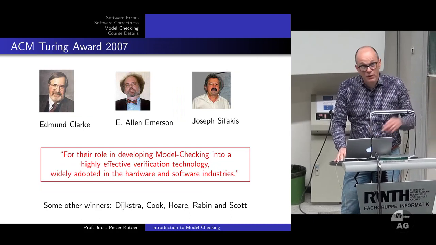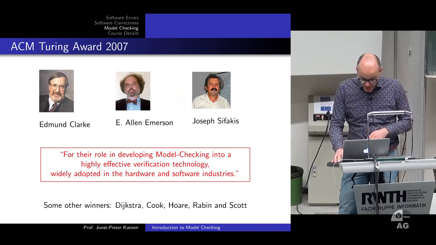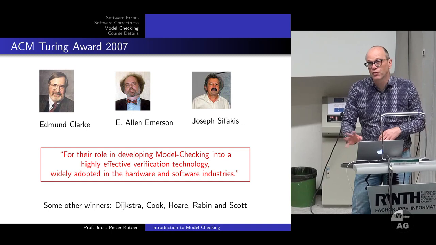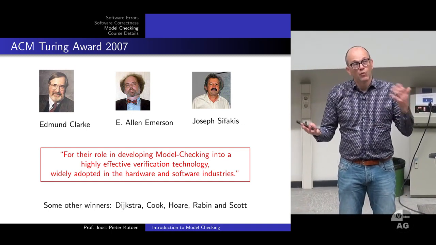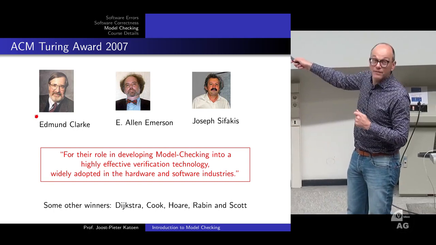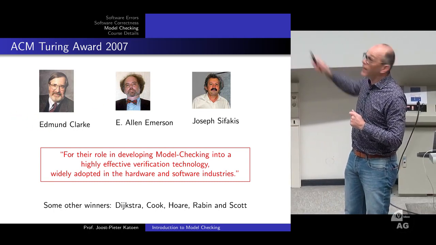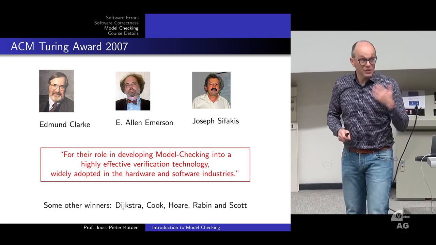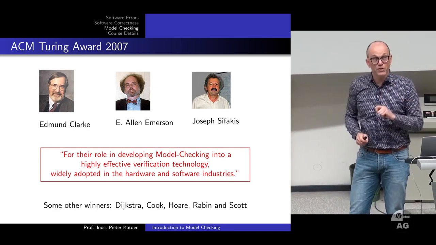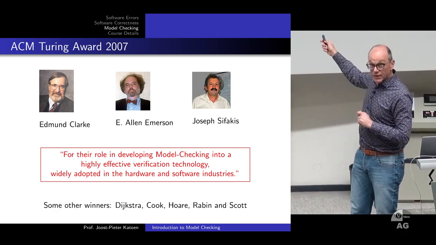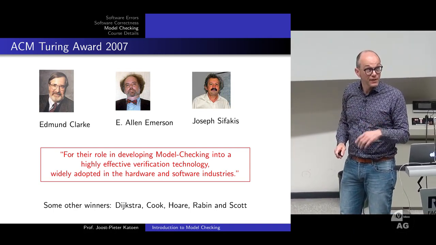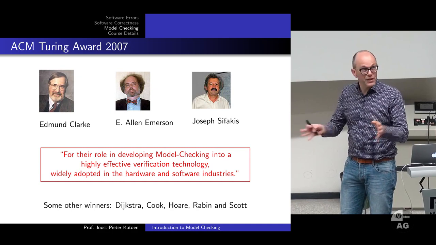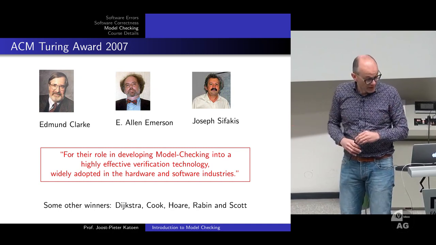Good, and the last thing, which I already mentioned, was the Turing Award. Clarke, Emerson, and Sifakis, and this is a bit of a story. In 1981, there were two papers. One paper was written by Clarke and, in those days, his PhD student, Allen Emerson. And there was another paper written by two French people, Joseph Sifakis, Grenoble, and his student, Queille. Queille, very soon after his PhD, quit science.